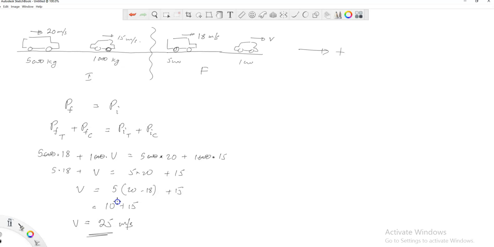The great advantage here is if we are to use kinematic equations, we need to know a lot of things. We need to know the time of impact, like how long they were in contact with each other. We need to measure that time. We need to know how much deceleration or slowing down happened on the truck. It dropped from 20 to 18.